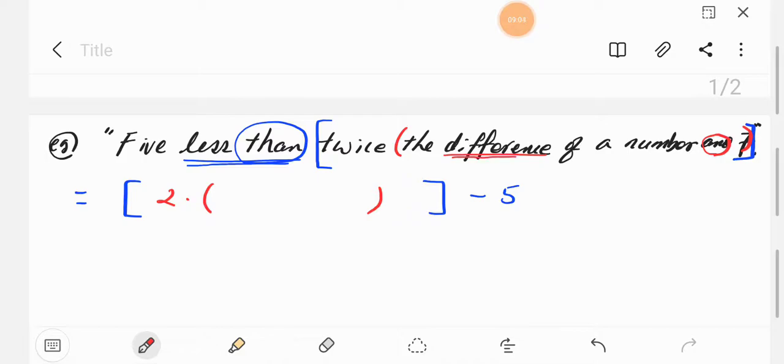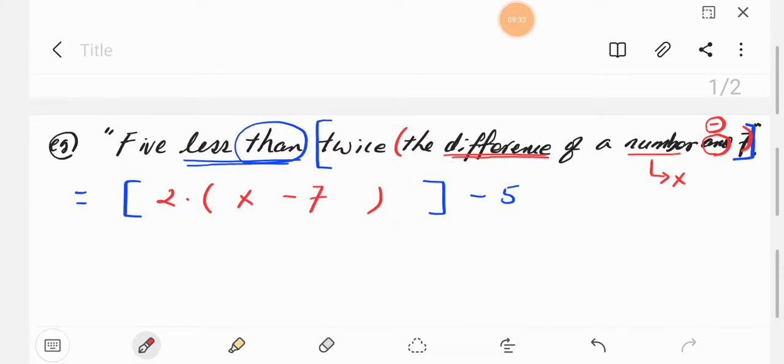The difference means minus. A number is an unknown number, so always write a variable x. Let the number be x. Then the difference of a number and 7 means x minus 7.